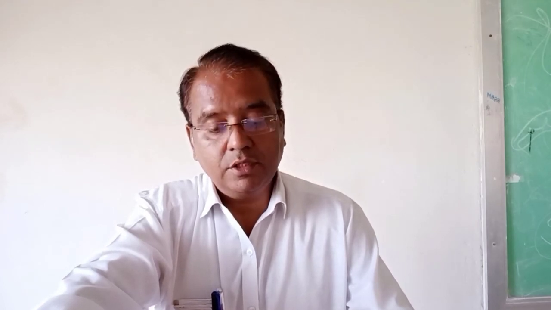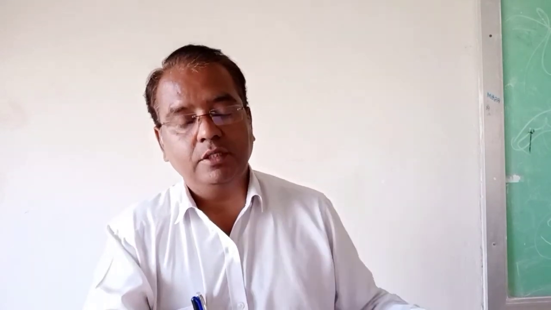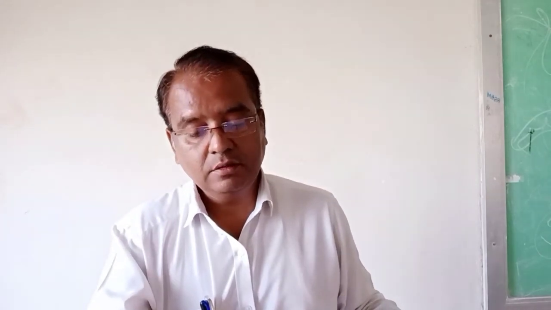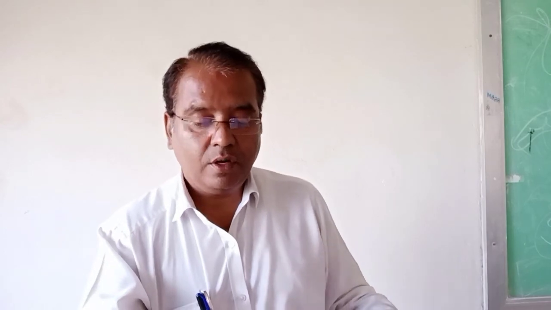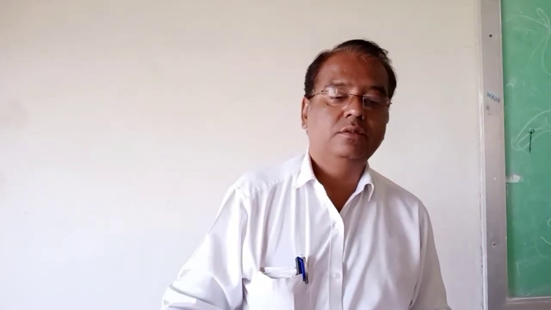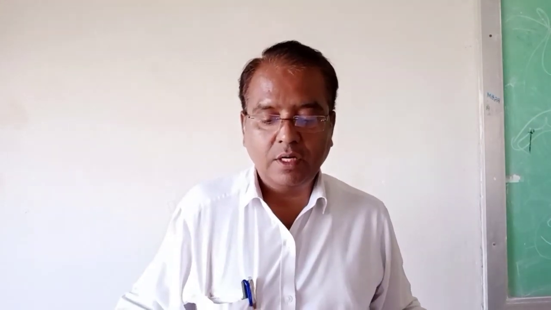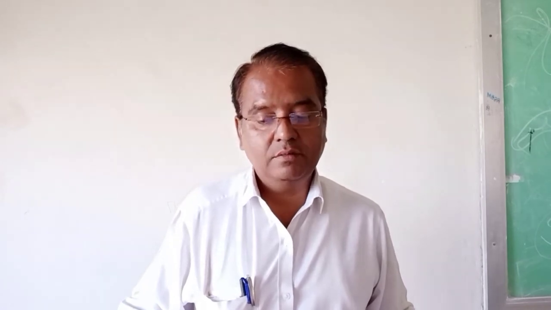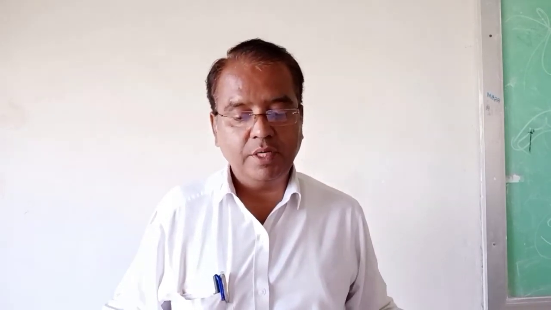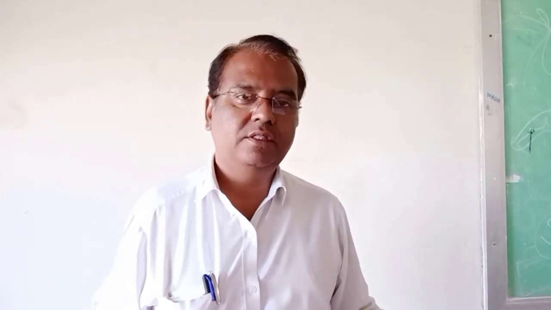Another example, the surgeon did an operation on a patient, which is incorrect. The surgeon performed an operation on a patient is the correct one. The criminal was punished for committing murder is correct. The criminal was punished for doing murder is a wrong expression.